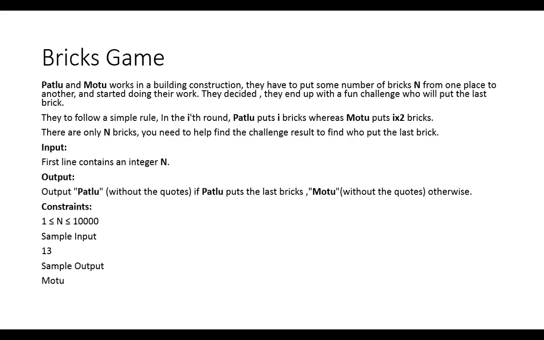Here we can clearly see that this signifies the use of loops. There are only n bricks. You need to help find who put the last brick. So there are n bricks in total, and we have to find who picks the last brick.